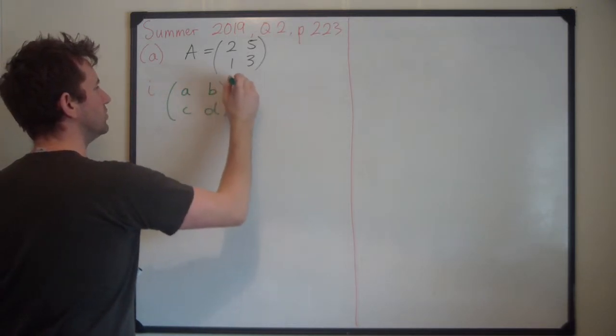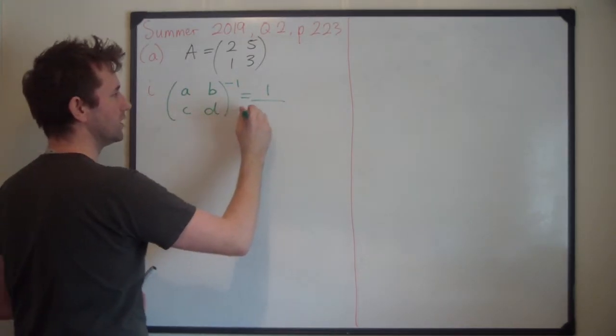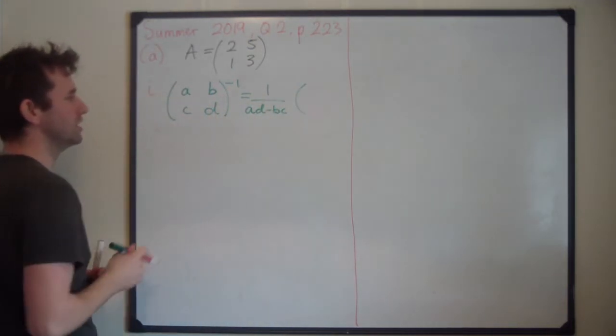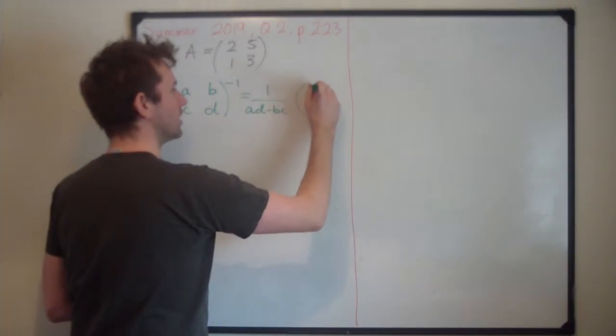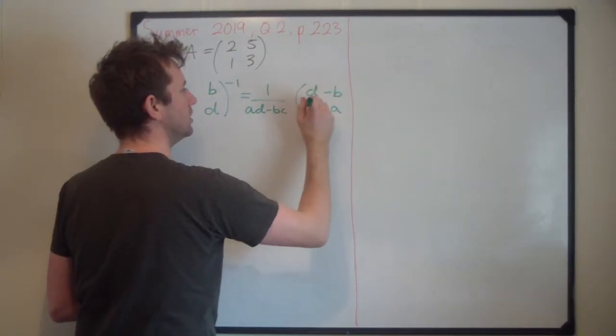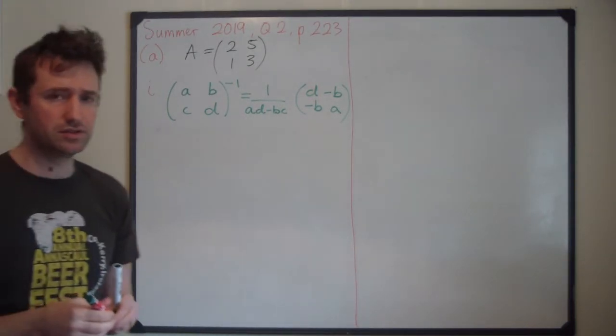of a 2x2 matrix is 1 over the determinant, right down diagonal minus left down diagonal. Swap the entries on the right down diagonal and change the sign on the left down diagonal. So that is a formula that you'll need from the tables.